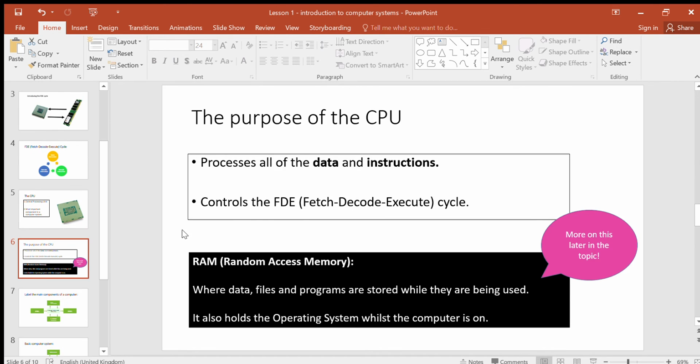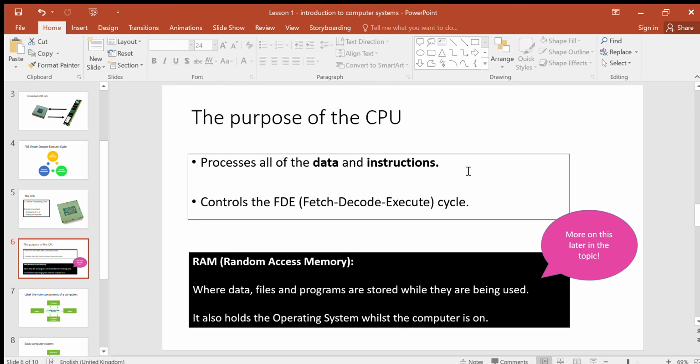So what do you need to know for the exam? You need to be able to tell the examiner that it processes all the data and instructions. Data and instructions are in bold because you have got to put those key terms into your answer. When we start to look at the registers, we'll look at some examples of data and some examples of what those instructions are. You also need to know that it controls the fetch, decode, execute cycle.